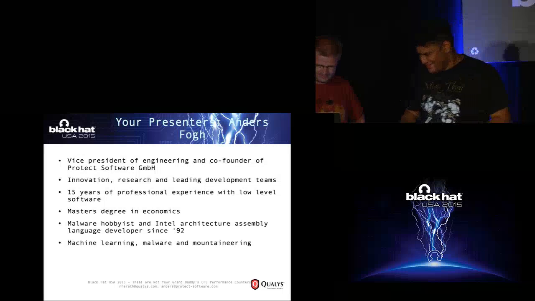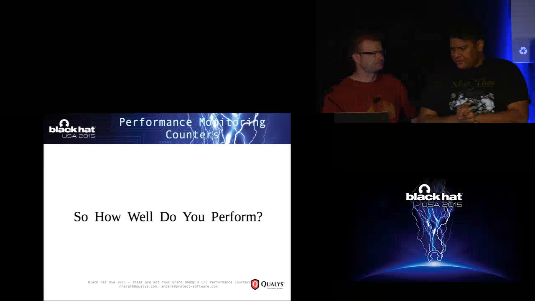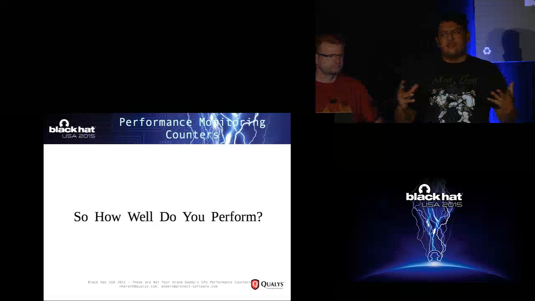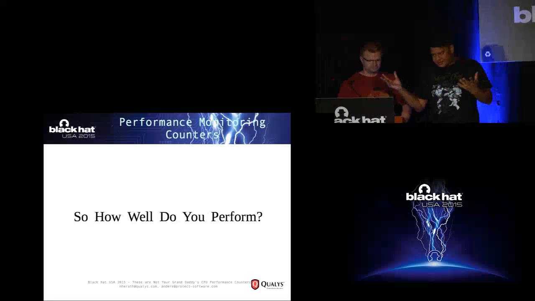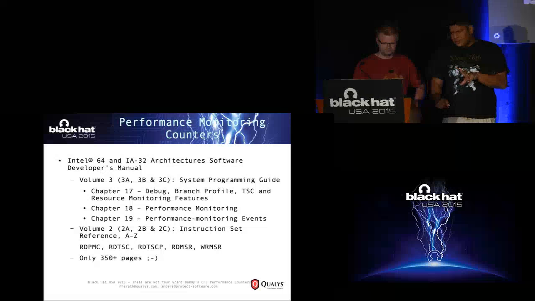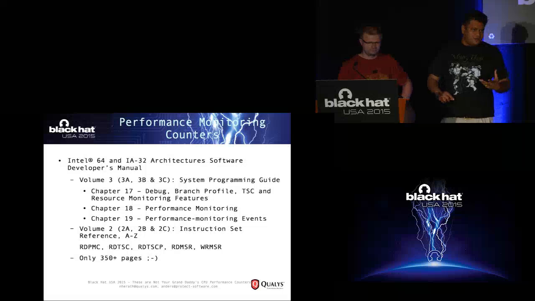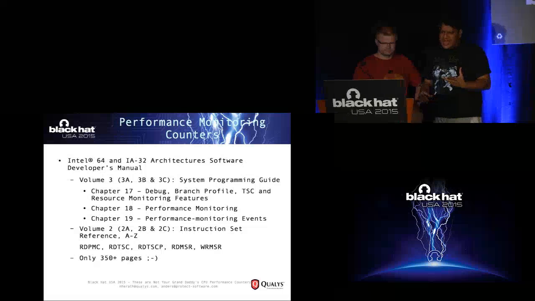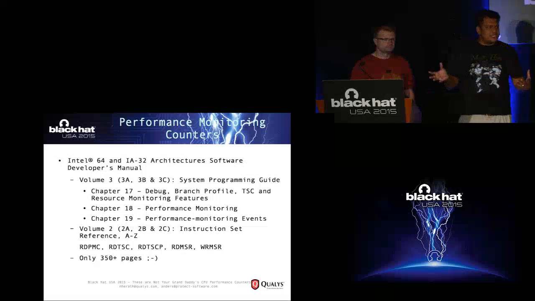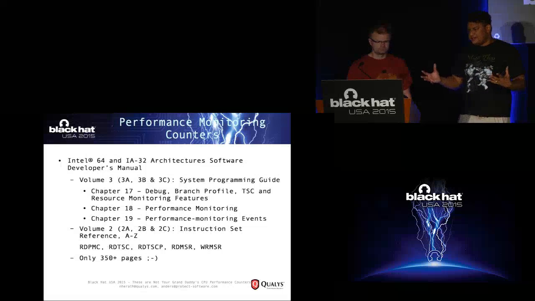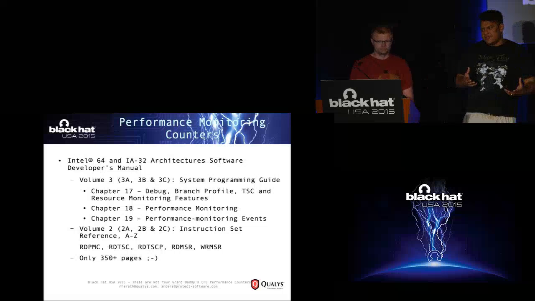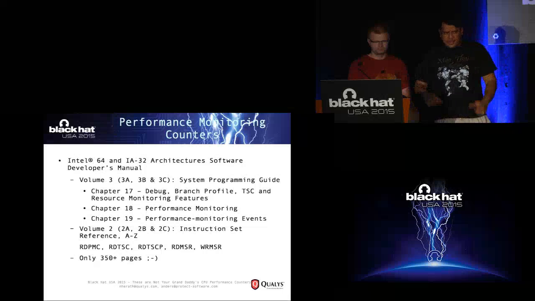Okay, so first we are going to discuss the how, the why, and where these performance counters really come from. To get a better understanding of the features and what is possible, the nitty-gritty differences between different core architectures and versions, the best source of information is the Intel manuals.